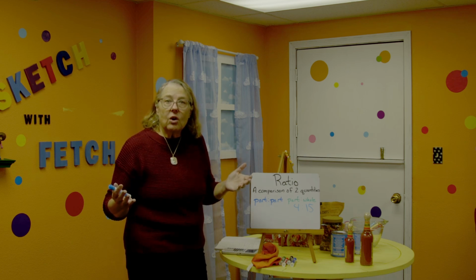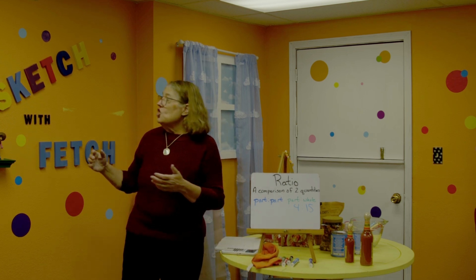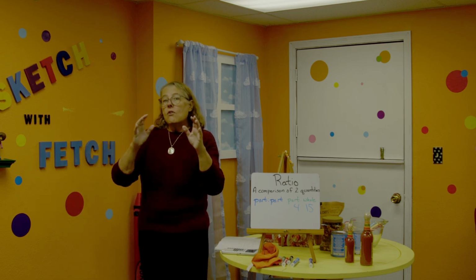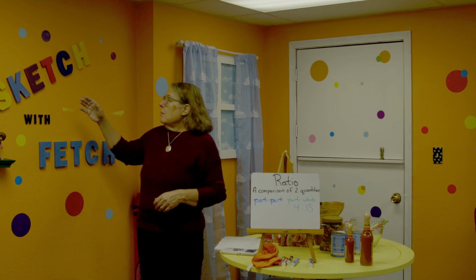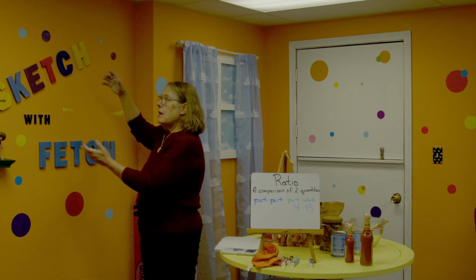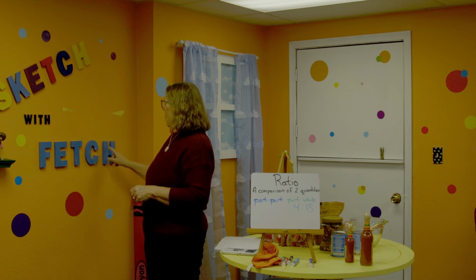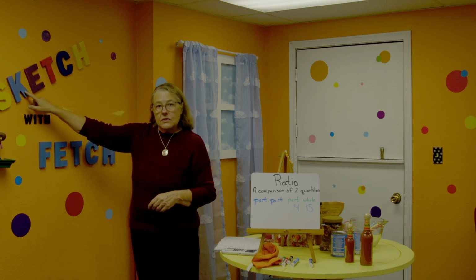That's a ratio. The neat thing about ratios, though, is it's not just compared to the whole. I can compare part to part. For example, I could compare how many black letters to how many light blue letters. How many of the light blue letters are there? 1, 2, 3, 4, 5, 6.